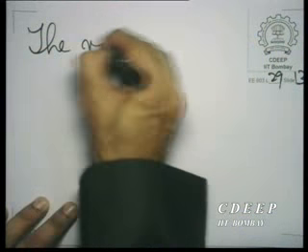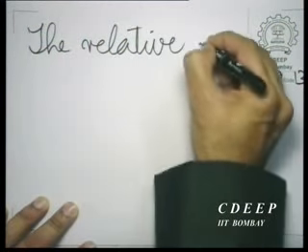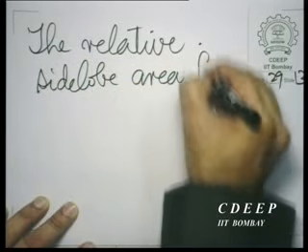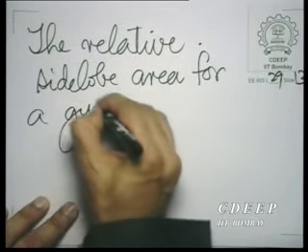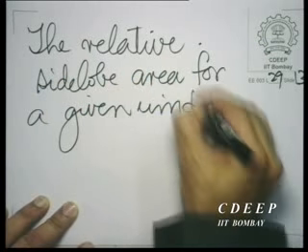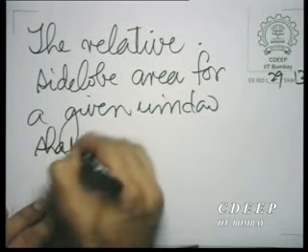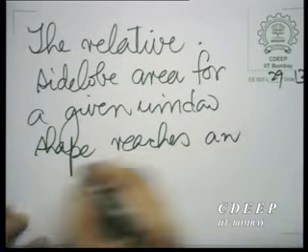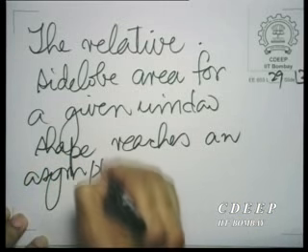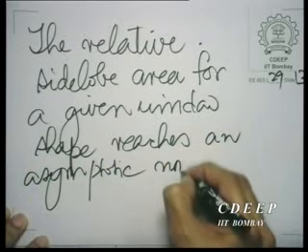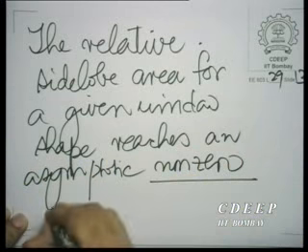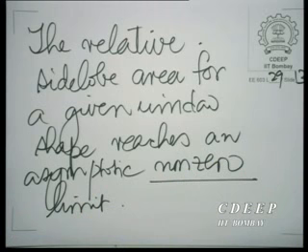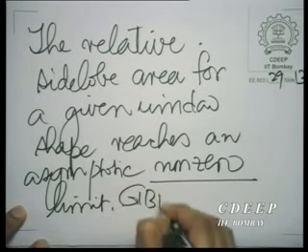The relative side lobe area for a given window shape reaches an asymptotic non-zero limit, and this is the origin of what is called the Gibbs phenomenon.